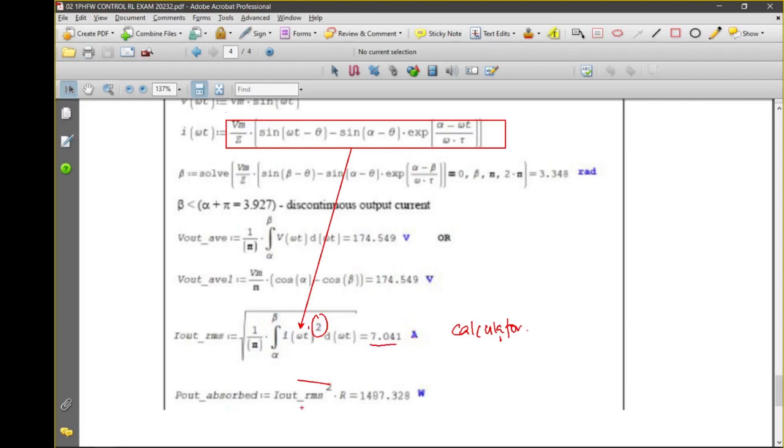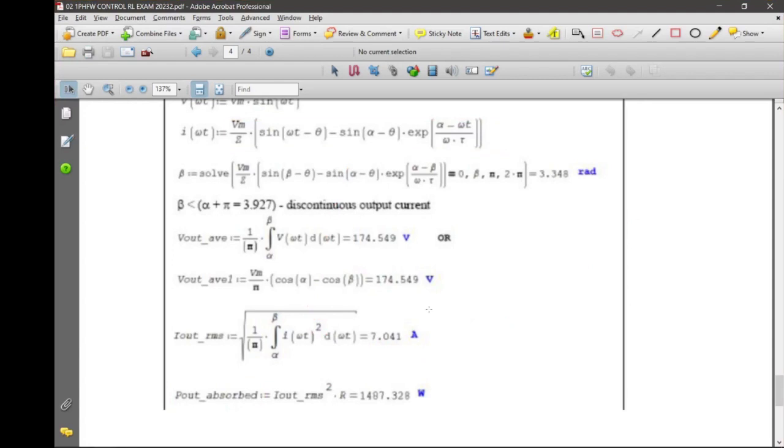And finally, to get the output power, remember when you have an R plus L condition, to get the output power you always need to look at the IRMS of that current, and then square it, and then you get the power for your output.